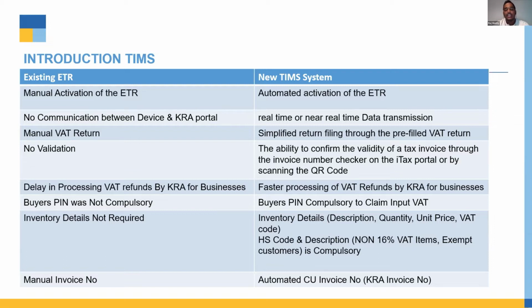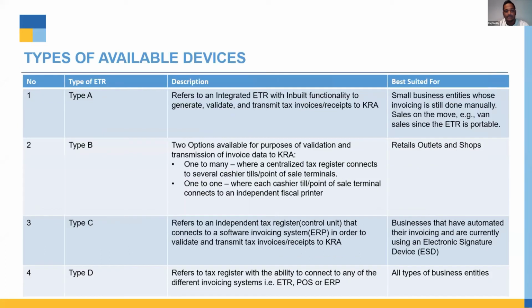But the KRA device, the control unit, will produce one automated invoice number. KRA will track with that number only. Whenever you do the VAT returns, that number will be followed. But the manual number, you can still continue for your accounting or bookkeeping purposes. That's it. These are just a few differences between the existing ETR and the new TIMS.